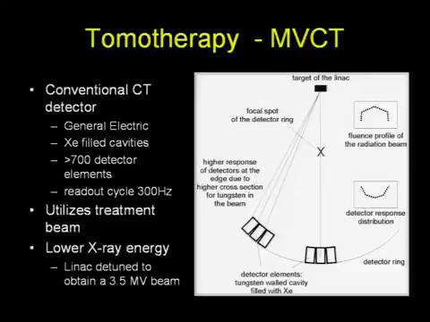So the detector for this system is a little bit particular in the sense that it's essentially xenon filled cavities that are tilted with respect to the X-ray beam, so that the septa of the detectors become the build-up material and enhance the signal, or the signal-to-noise ratio, rather, that can be obtained with these systems. It utilizes the treatment beam, but is slightly detuned in order to obtain a lower X-ray energy, thereby increasing subject contrast and usability of these images.